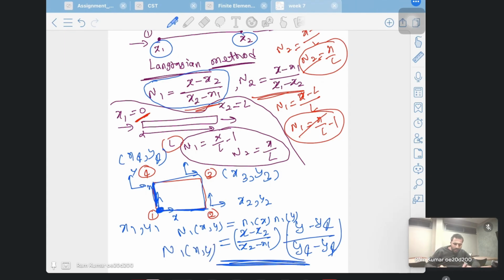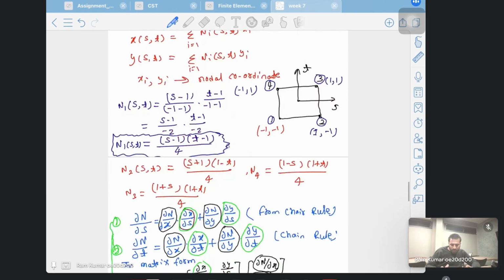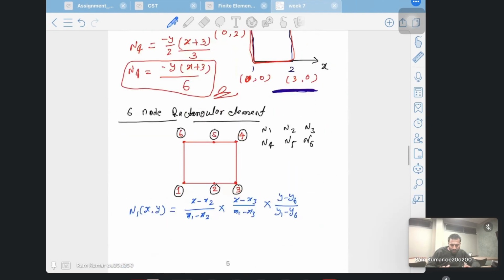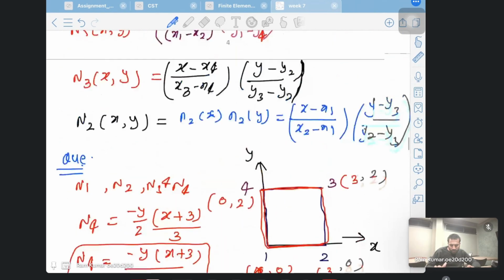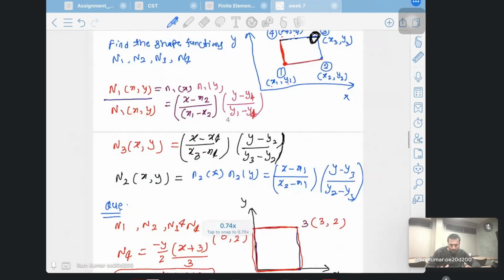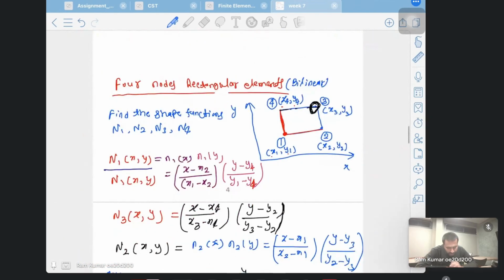Similarly, what I am trying to say here, for this it is x1 minus x1. I missed that one. I wrote it another way, but anyway it will become positive. So for this node, n1, what will be the shape function?